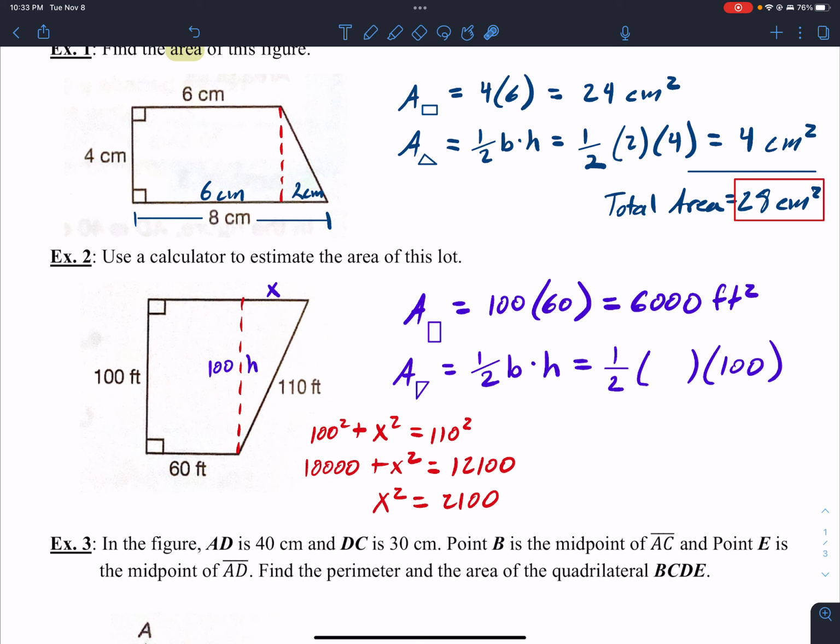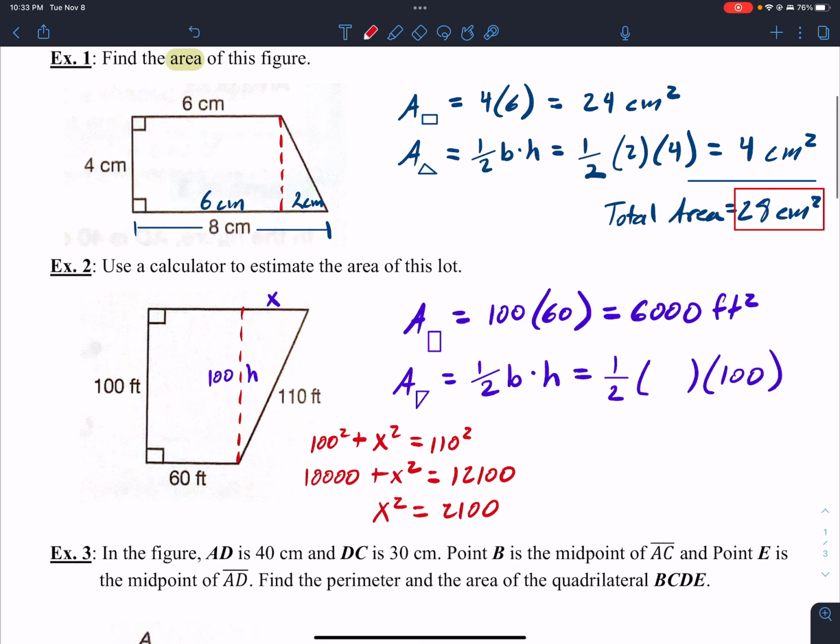So this is somewhere between 45 squared and 46 squared. If x was 45, we wouldn't quite get to 2,100. If x was 46 and we squared it, we would get just over 2,100, but it's closer to 46. So we're going to say that x is approximately 46. And of course, that's our base, so that's going in right up there.